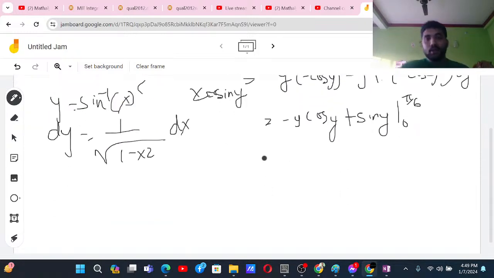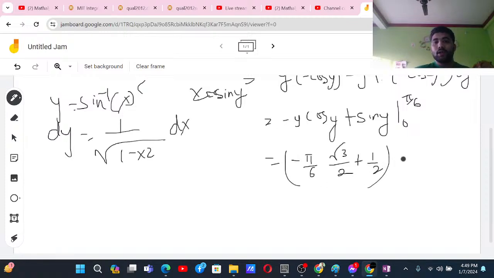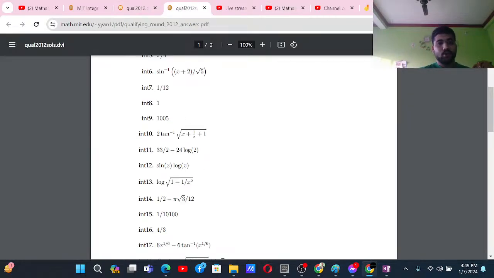That will be minus pi by 6 times cos pi by 6, which is root 3 by 2, plus sine pi by 6, which is 1 by 2, and then minus 0 plus 0. So the answer is 1 by 2 minus pi root 3 by 12.